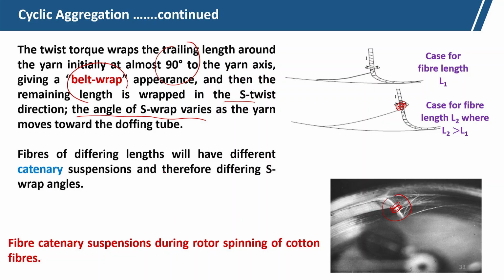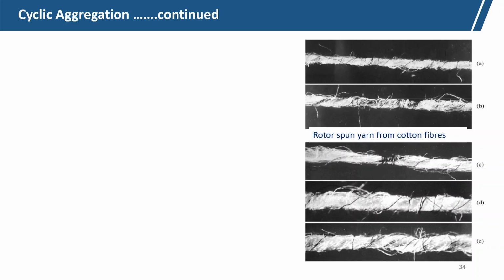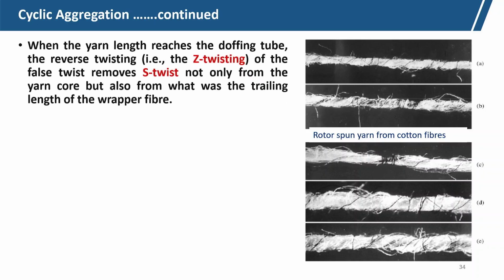Fibers of different length will have different catenary suspension, and therefore differing S wrapping angle. Now, here we can see the photograph.